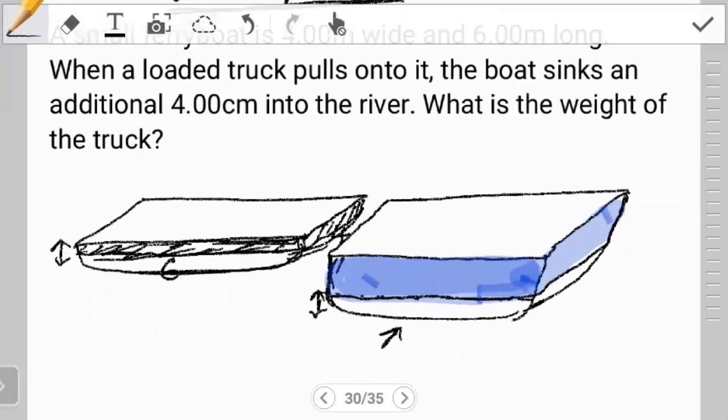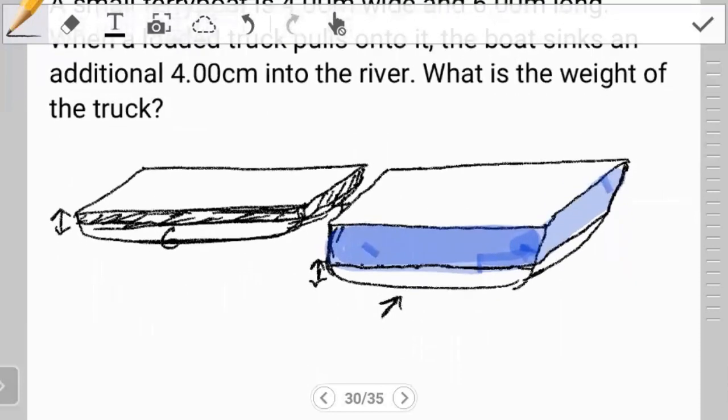So the first thing that we note is the volume. The truck displaces a volume equal to this section that is colored in blue. So what we're trying to find is the buoyant force that will be a result of this volume. The buoyant force here is going to be given, just as we saw earlier on, equal to the weight of the displaced fluid.